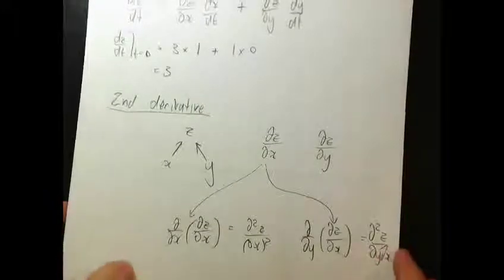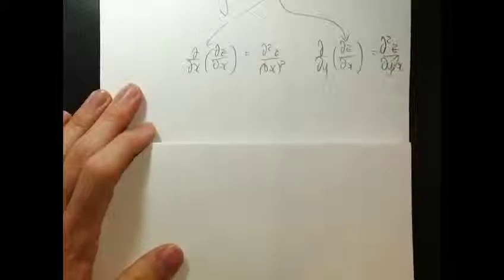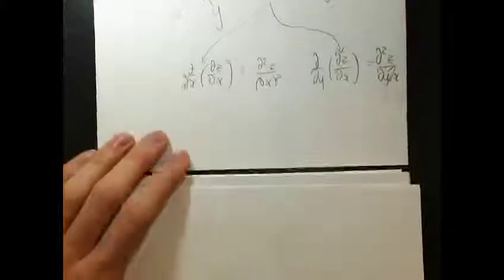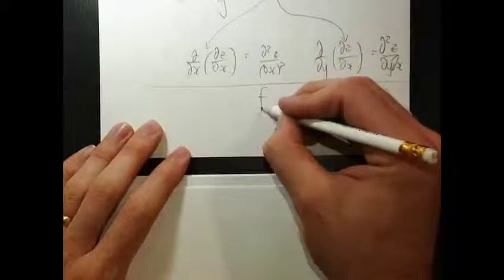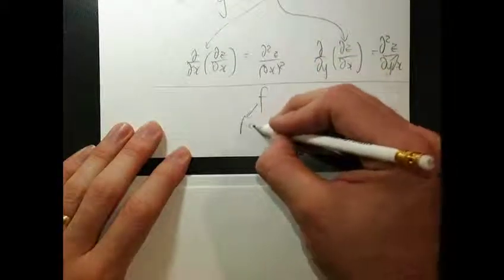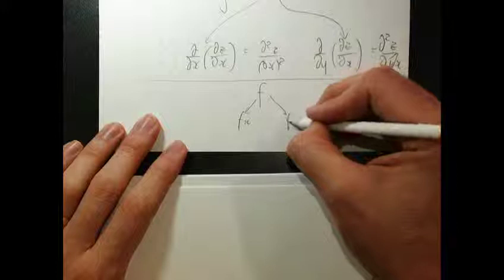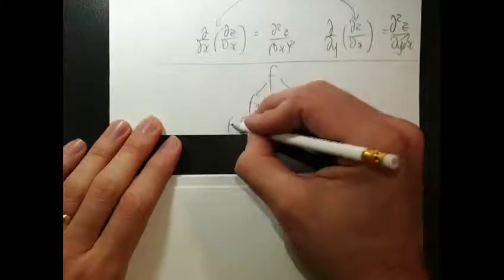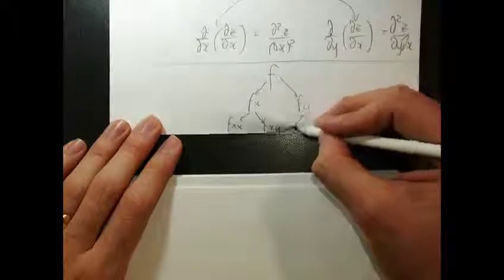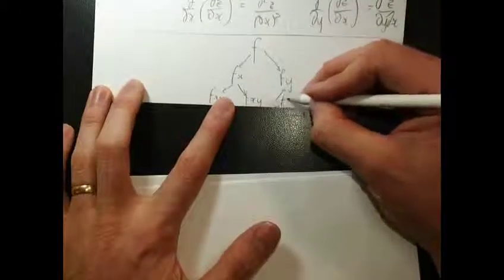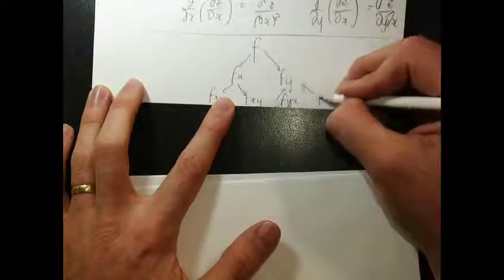And we also write this notation as f, and then you differentiate it with respect to x, and then with respect to y, and then you go fxx and fxy and fyx and fyy.